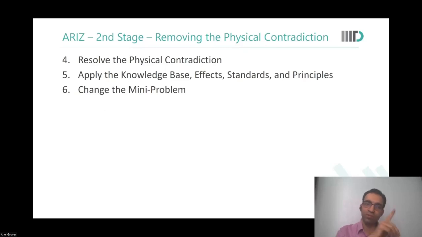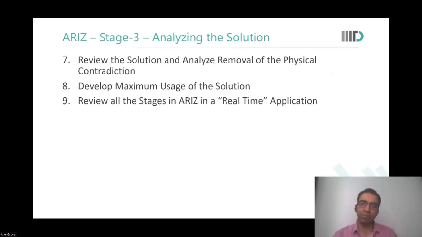We go back to the first stage and change it so that we are able to solve it. Once we have a solution at hand, we analyze it. We analyze the removal of physical contradiction, that has it been really removed. Then we do what is called super effect analysis, which is we see whether there are other alternate benefits that this solution can offer to me.